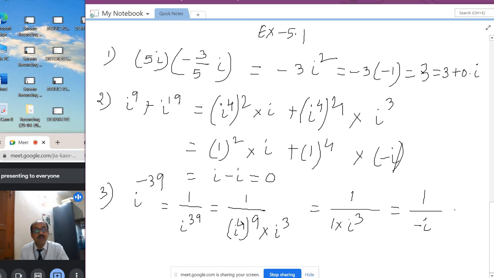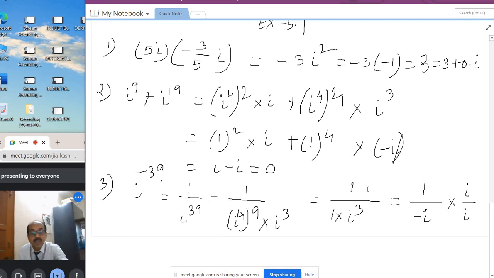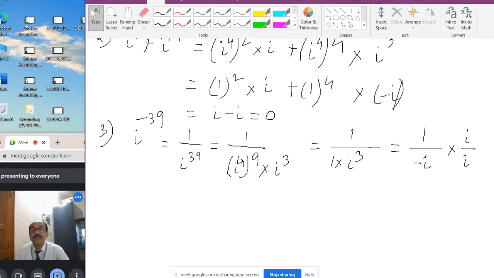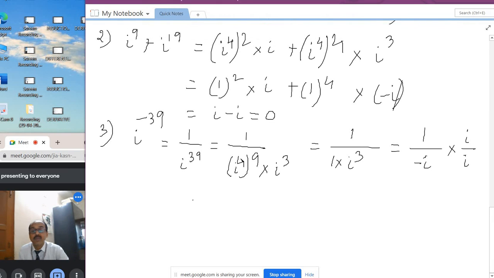Now simplify this, so multiply by i. Numerator: 1 into i equals i. Denominator: i into minus i square, that is minus i square.